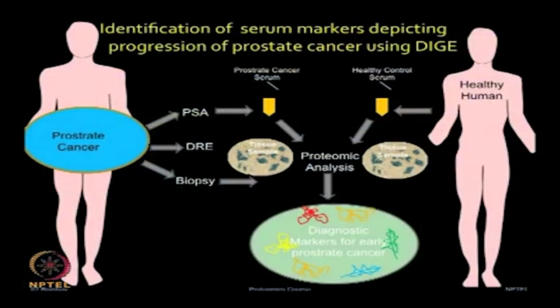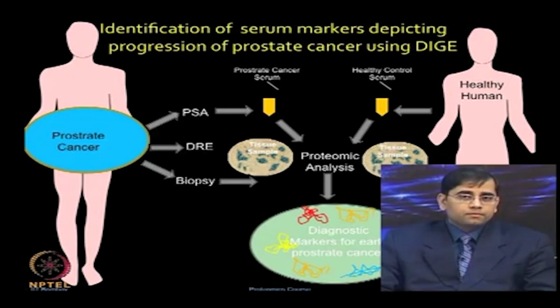Prostate cancer is recognized as a significant problem in the older male population. Prostate cancer screening relies heavily upon testing for higher levels of prostate specific antigen, also known as PSA, within the peripheral circulation.